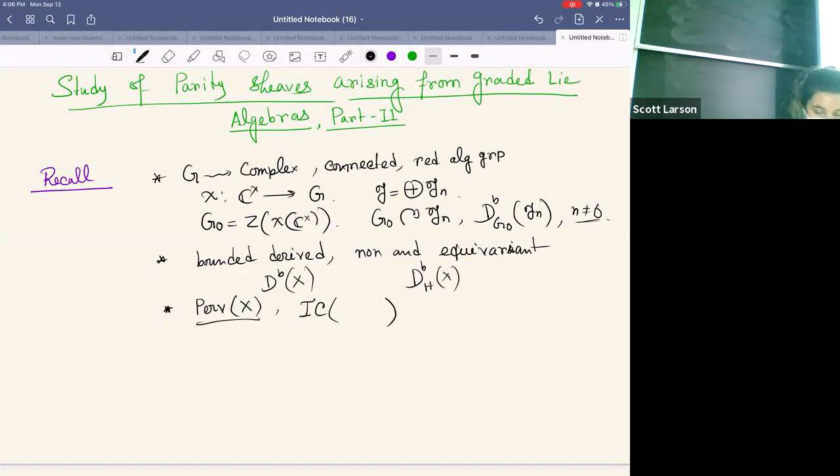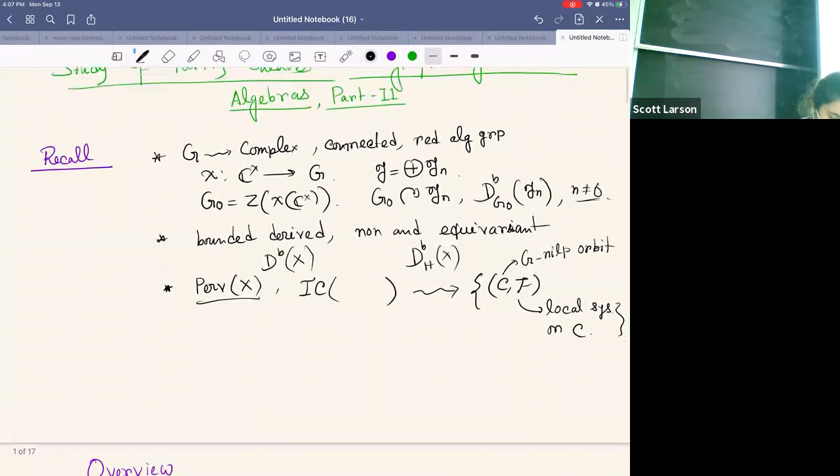We saw that for the nilpotent cone and for Gn, for the graded setup, they have a similar kind of correspondence with pairs. For example, for the nilpotent cone, this is the G nilpotent orbit, and this is the irreducible local system on C, and we have the same kind of correspondence for Gn also.